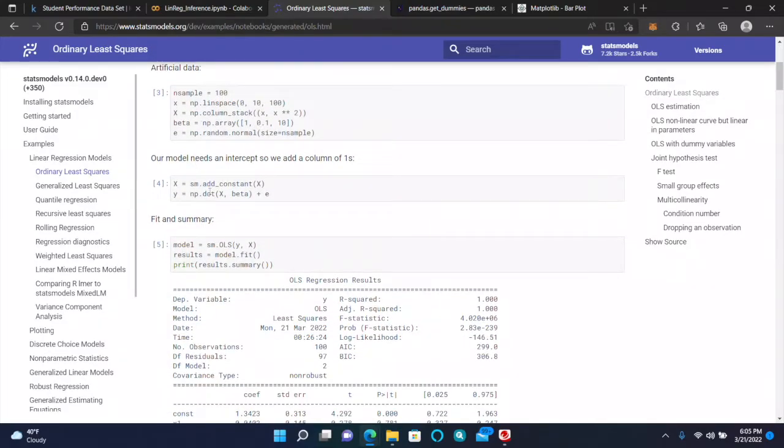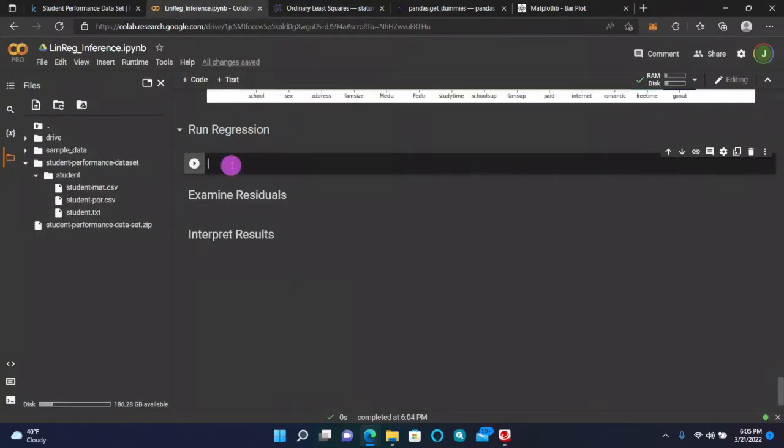If we walk through this real quick, sm.add_constant adds a column of all ones so that we can have an intercept. Then down here you call OLS with y and x, and then you fit it. And so that's what we're going to do.